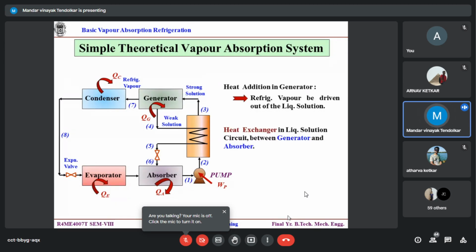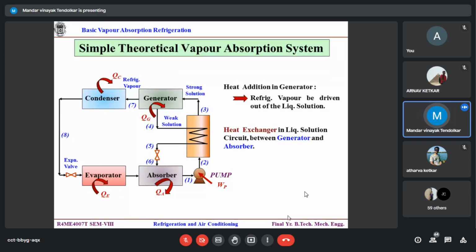So in the heat exchanger, the liquid solution circuit between the generator and the absorber, the blue color, that is the same logic. The weak solution which is coming in and the two-phase part at the outlet of the pump.